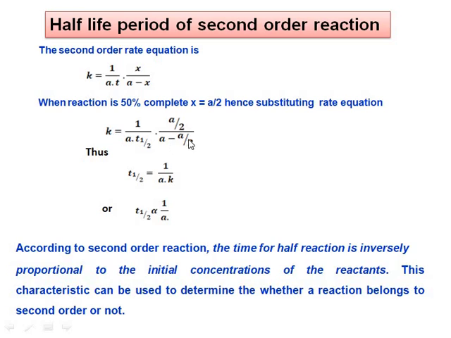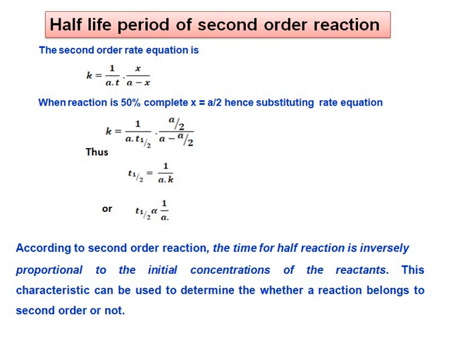For those calculations, 2 into a, twice a minus a, so a by 2. And you know that t half is equal to 1 upon a into k. So a by 2 will be cancelled here.